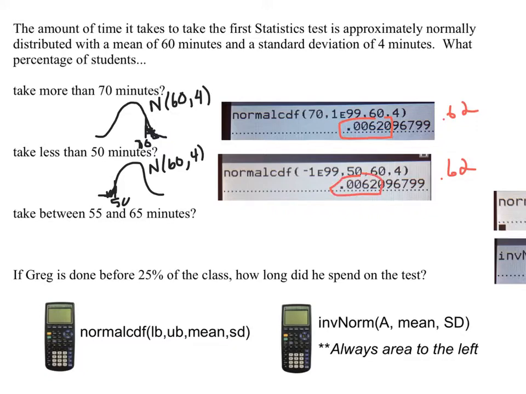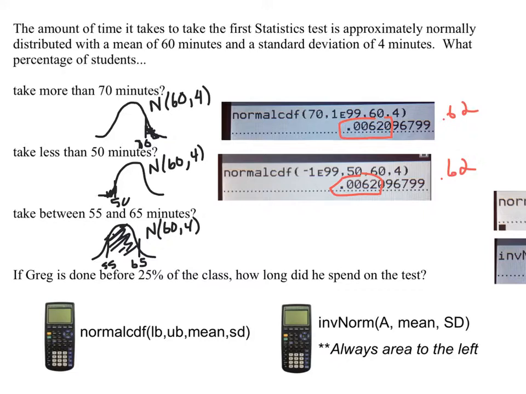All right, between 55 and 65. So let's draw the curve. Normal. And I know it seems a little tedious to do this, but I would get in the habit, because you are going to have to do it every time on the AP exam and on work in here. So we're looking for between 55 and 65. So we're looking for this like that.